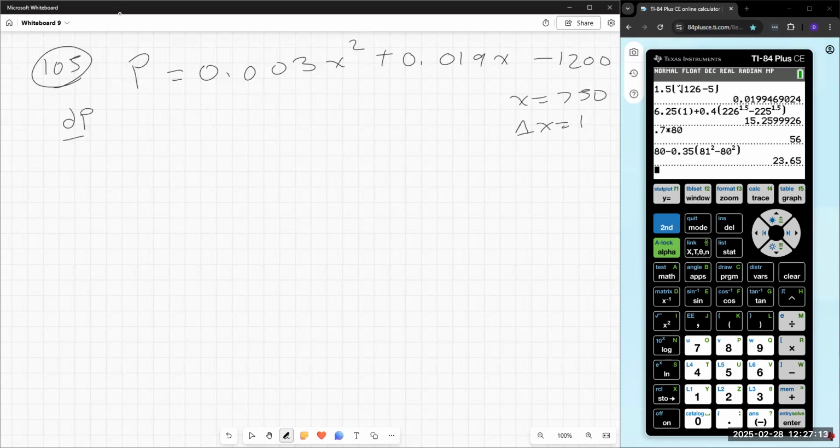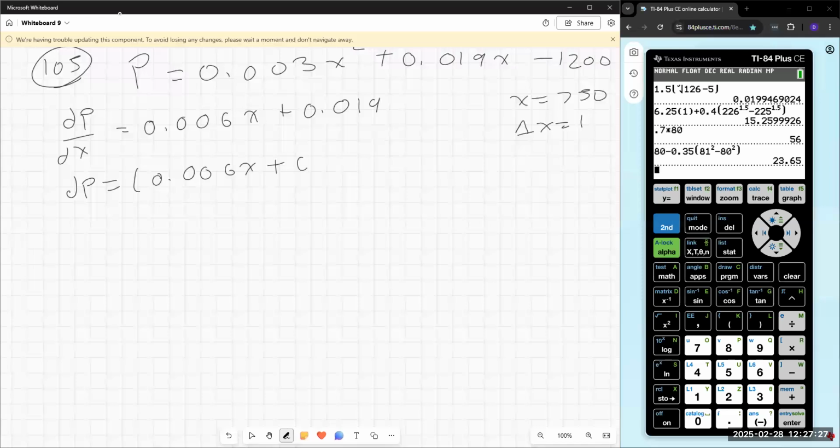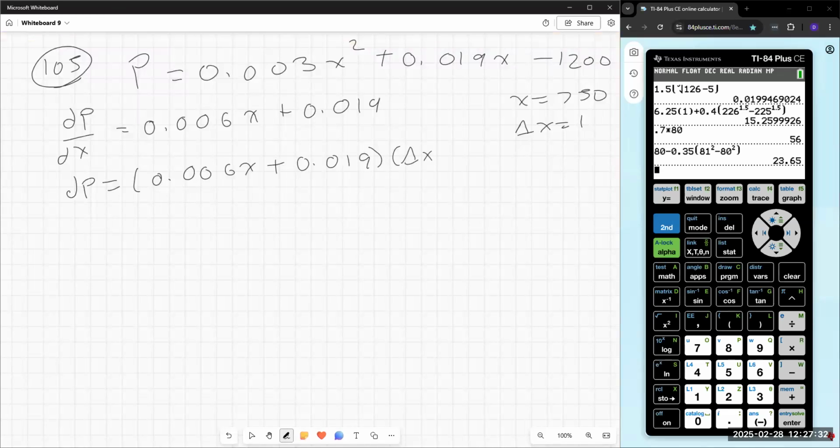So dP/dx is 0.006x plus 0.019. That makes dP equal to 0.006x plus 0.019 times dx. And delta P is approximately 0.006x plus 0.019 times delta x.